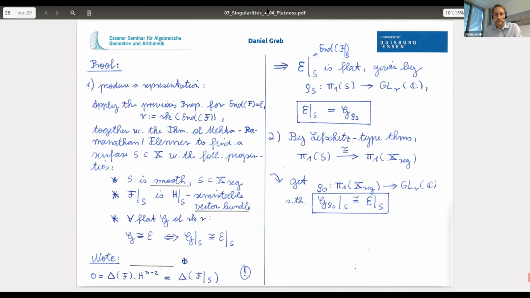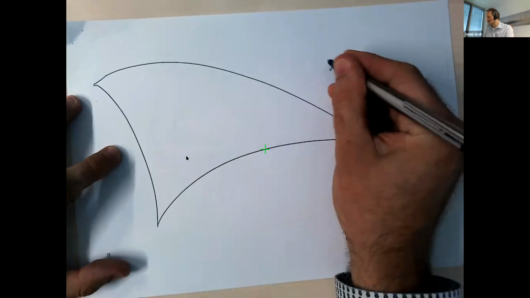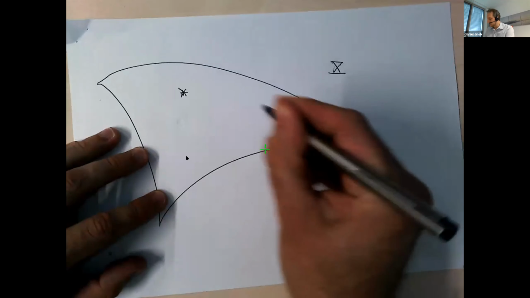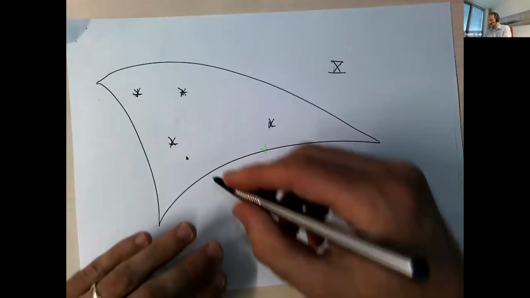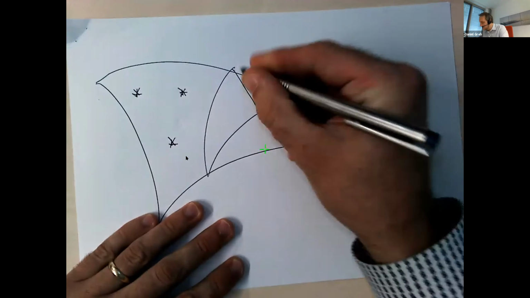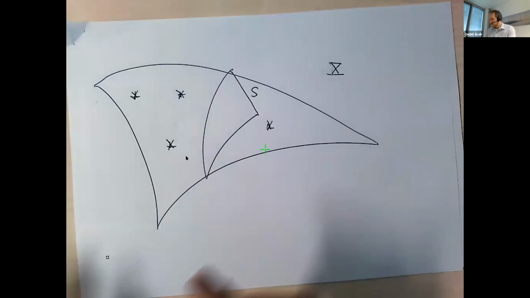Okay, everyone sees this picture in front of him or her, but let me draw this. So this situation in general is like that. If you take X and you have some singularities, so they're in codimension 3 in our case, then I take this hyperplane section or repeated hyperplane section, which gives this surface S, which sits in the regular locus.